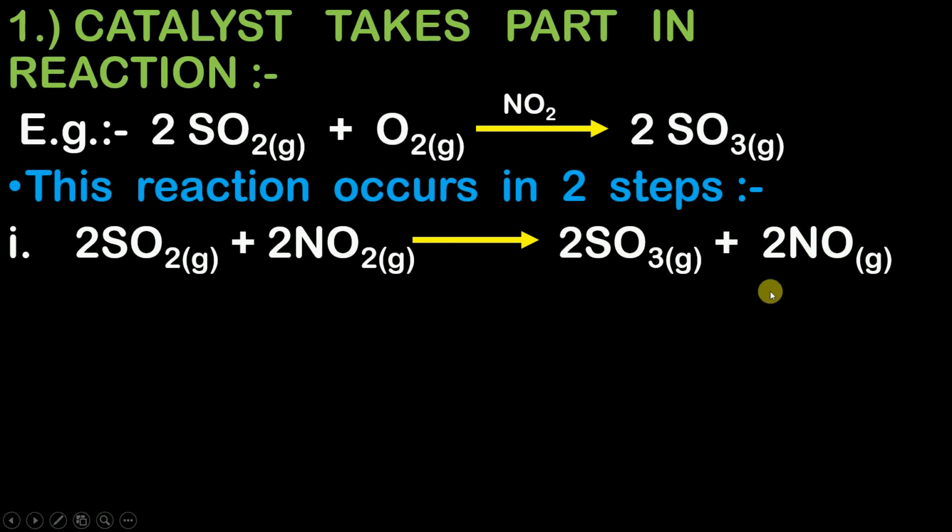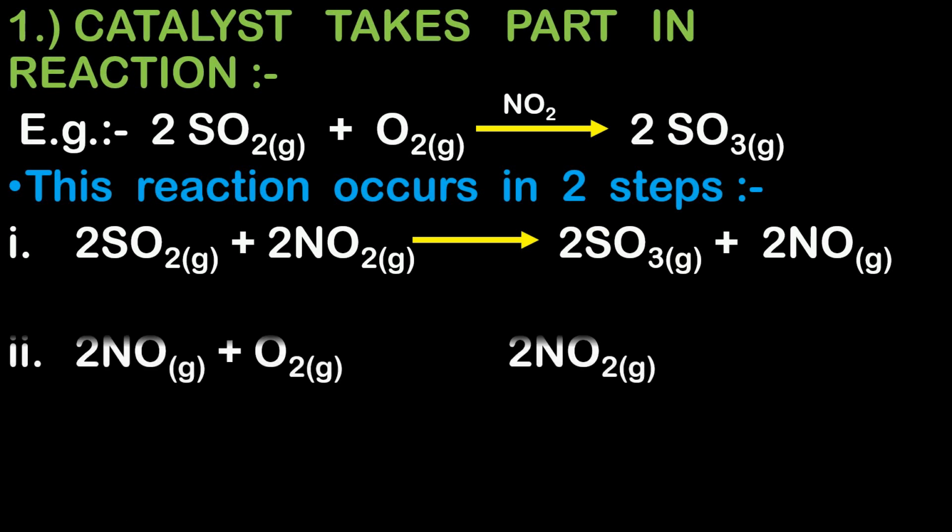Now guys, you might be thinking that we have now got our product. Am I right? We have got our product, so the reaction will stop over here. You are wrong. The reaction will not stop over here.